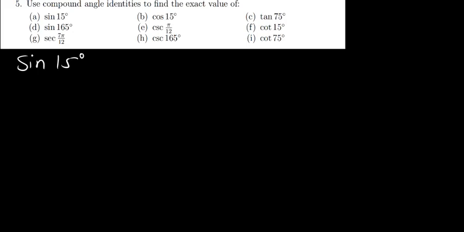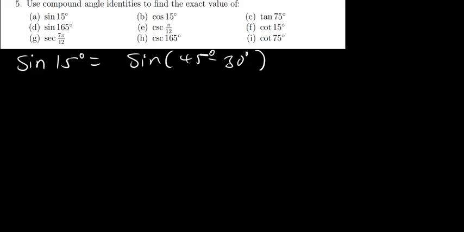For 15, there are no two special angles which when added give us 15. It's not going to be possible, but with minus, 45 minus 30 gives me 15. So I'm going to use this, meaning that this is the same as sine (45 - 30) degrees.